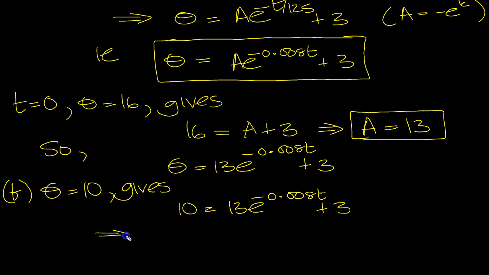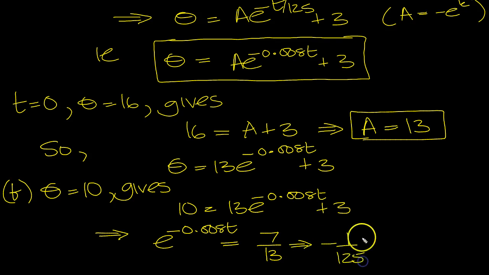And that tells us then the e to the minus 0.008t. So it'll be 10 minus 3 is 7, and then move the 13 down to divide. So therefore minus 1 over 125 of t, this is this as a fraction. So take logs, it is equal to the natural logarithm of 7 over 13.